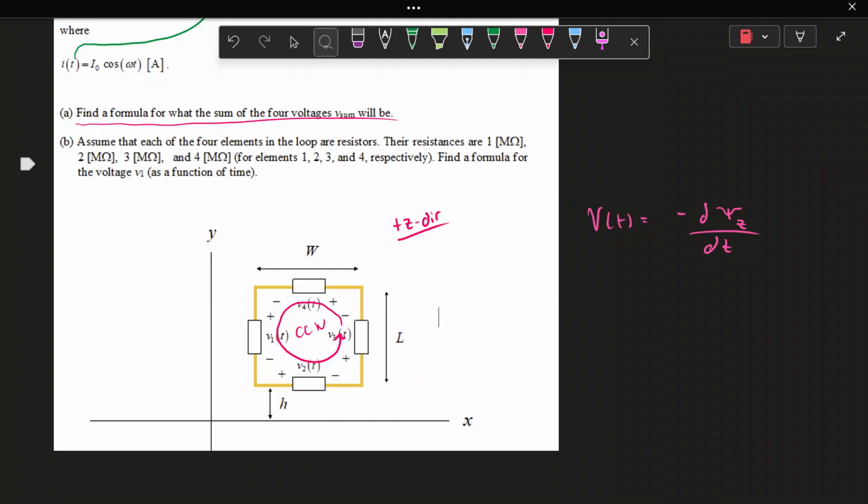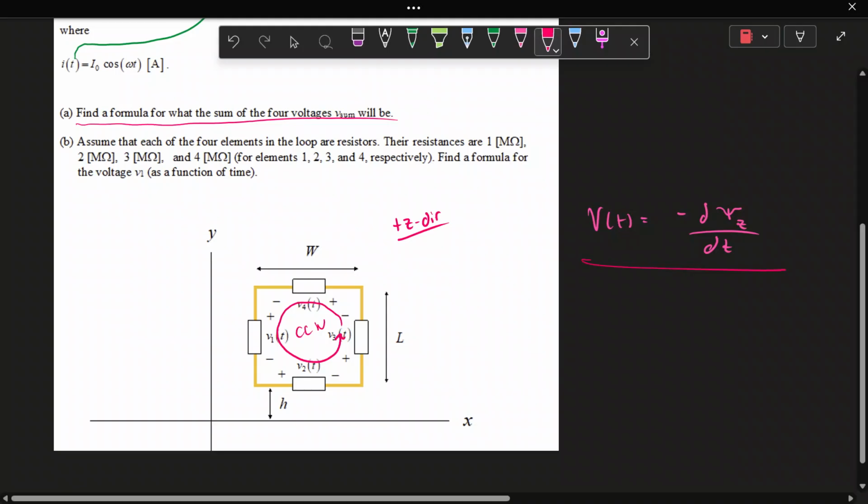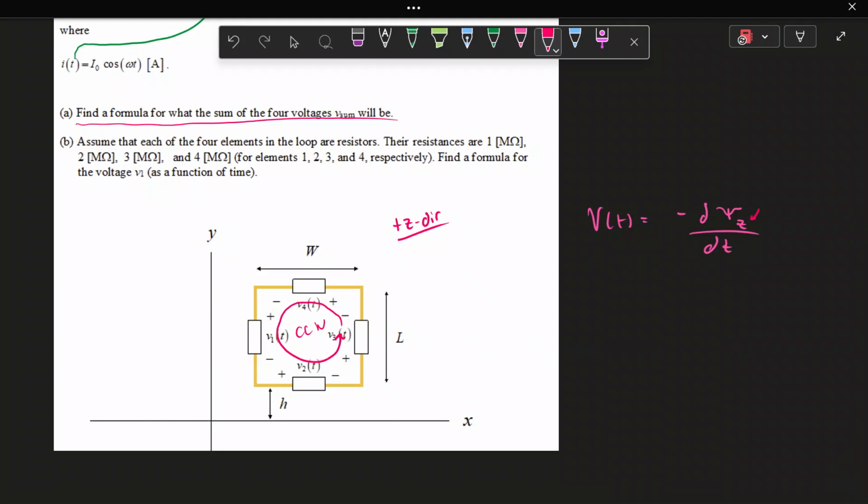However, we're going in the positive z direction, counterclockwise, so we let this be here. The negative will stay. That is an inherent part of the equation. The only thing that will change is whether you get a negative or a positive answer for your z value.